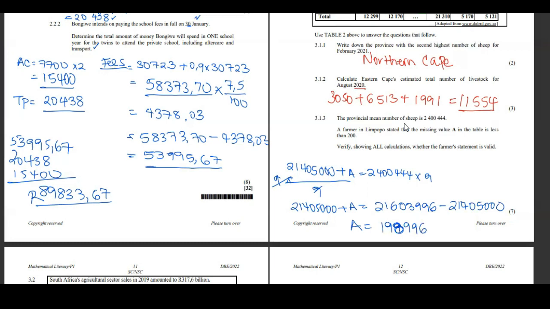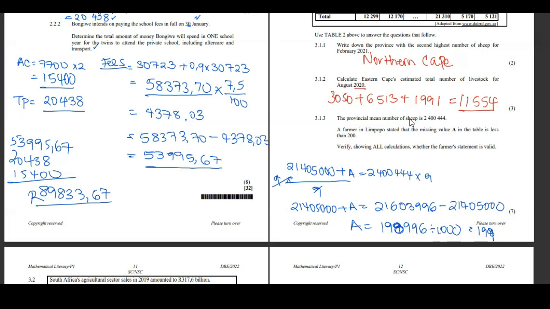Now, since you're comparing it with 200, we need to divide this by 1,000 to take it back to look like those other ones. Then you end up having 198.988, which when you round it up, becomes 199.